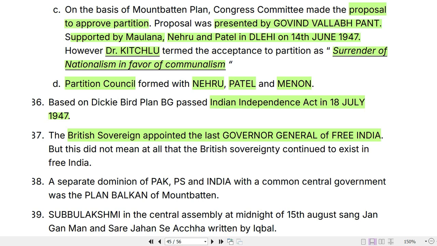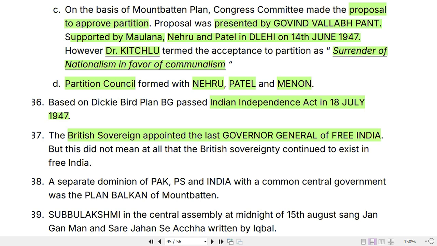Now, a separate dominion of Pakistan, princely states, and India with a common central government was the Plan Balkan of Mountbatten. So this was Plan B of Mountbatten, which never got materialized. It was basically a dominion of Pakistan, a dominion of princely states, and a dominion of India with a common central government. So this could be asked very plainly.